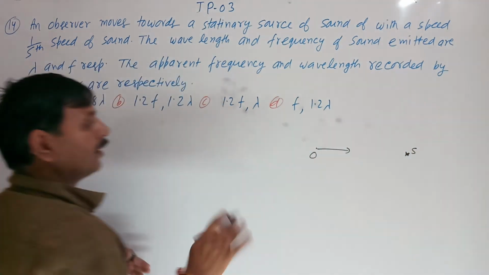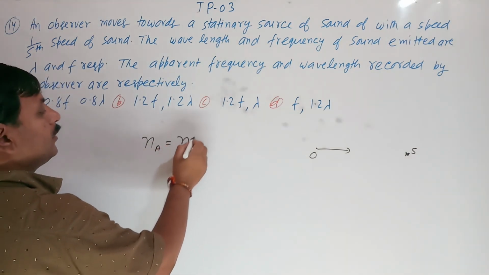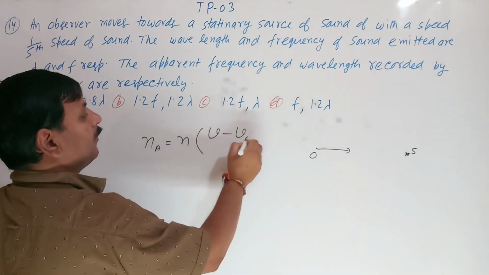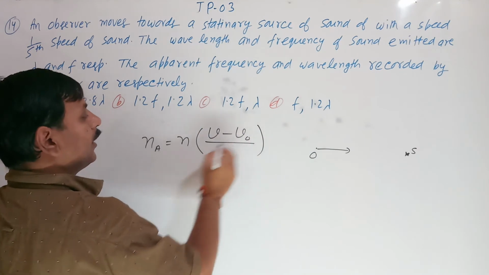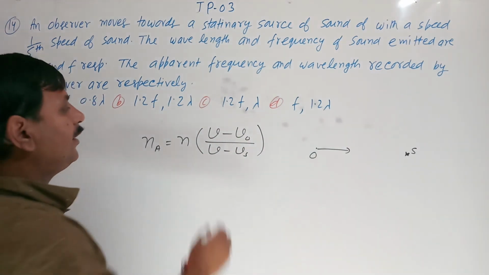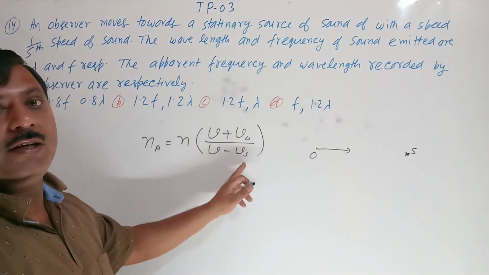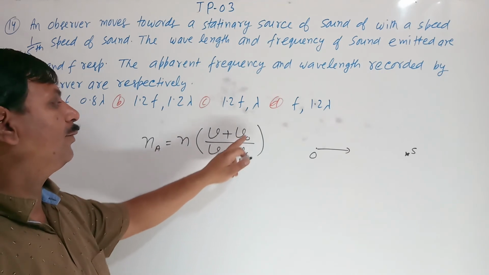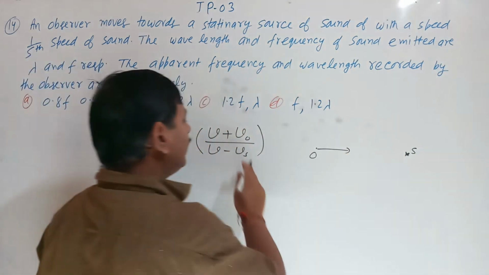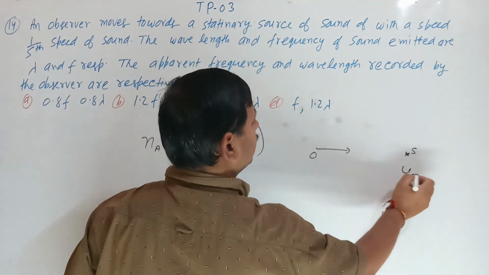So see, what is the apparent frequency? If both are approaching each other, the formula is n apparent equals n times V plus V naught upon V minus Vs. This is velocity of source, this is velocity of observer. Here velocity of source is 0 because it is stationary.